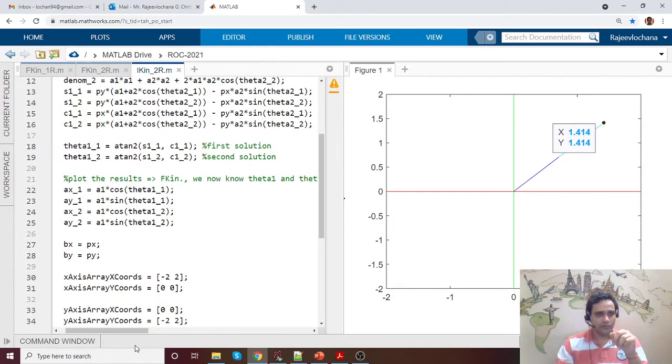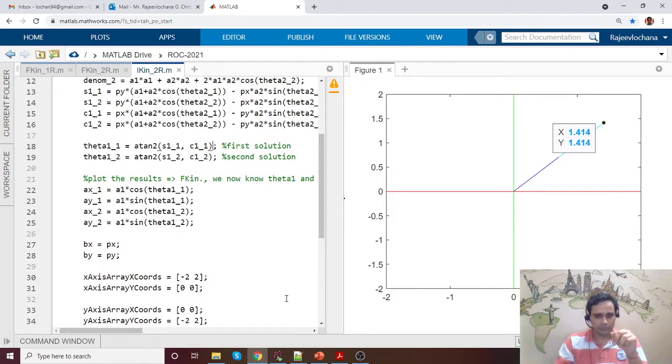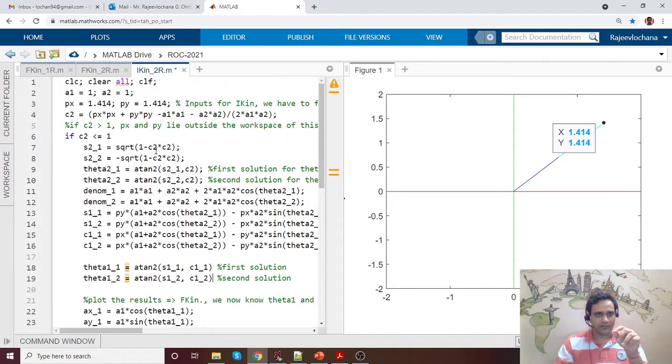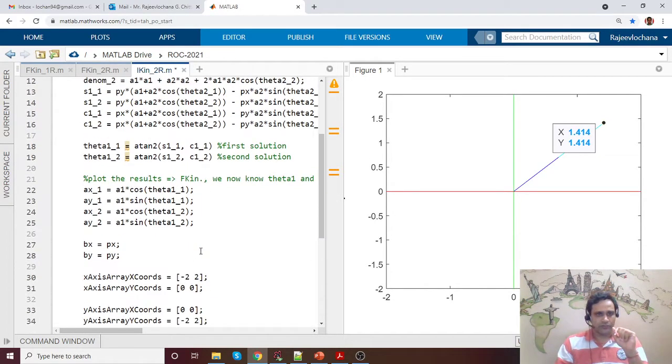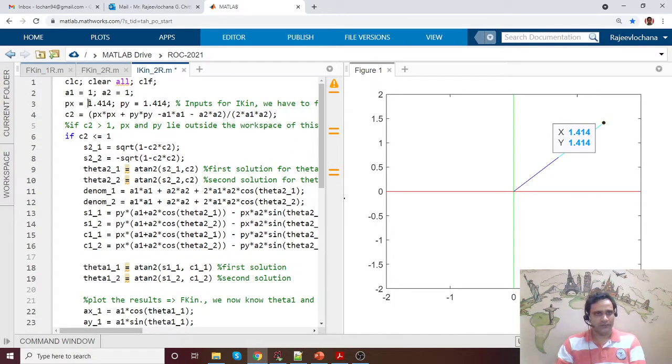Okay, so we can also remove the semicolon so that these theta 1 values are shown to us. Theta 1, theta 2 values also we can remove so that we get the solutions. Okay, so let us give 0.707, that is 1 by root 2, 0.707 and again 0.707.